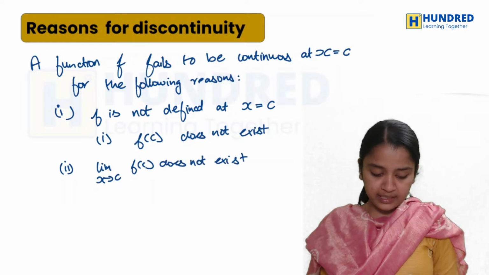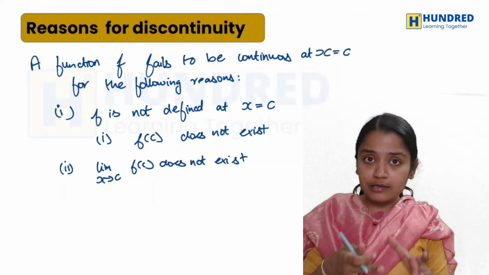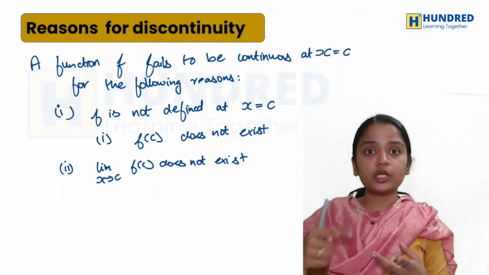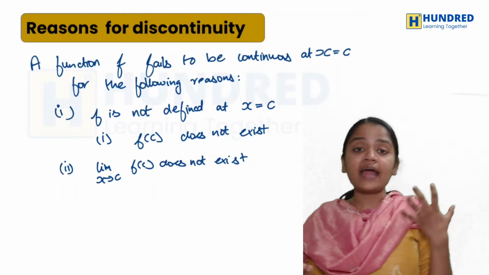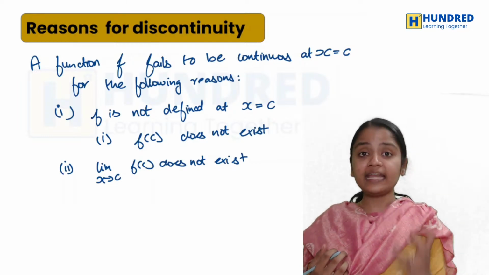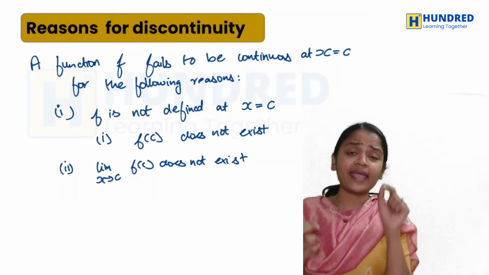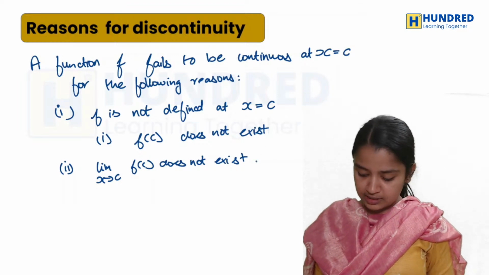The first question that comes to mind is whether this is the right hand limit or left hand limit. It can be the right hand limit, the left hand limit, or both. If either one limit value doesn't exist, your function is said to be discontinuous.